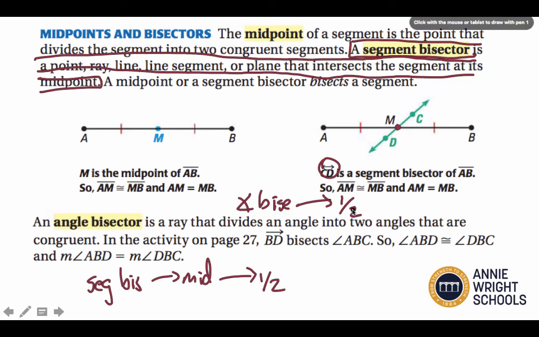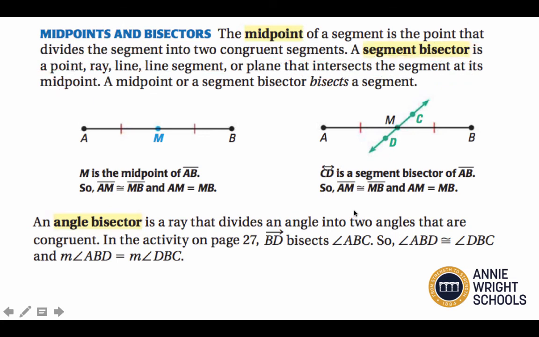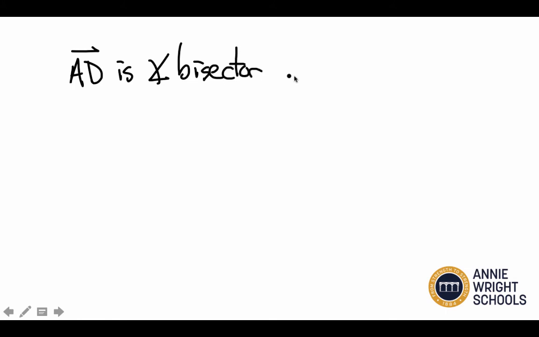So you'll get some good problems like this where you're told, ray AD is an angle bisector of angle CAX.